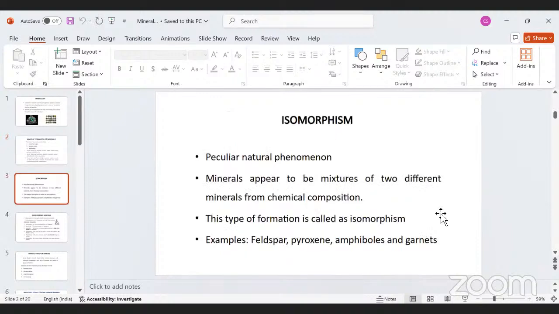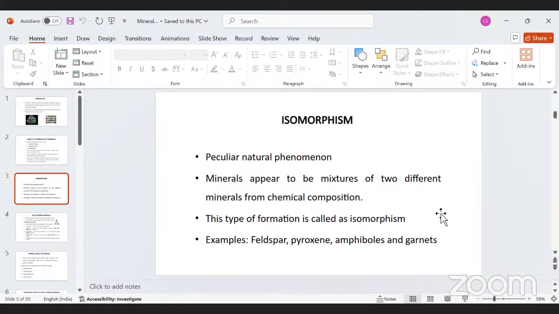There are some words to know about minerals. In particular minerals, these words we will call isomorphism and pseudomorphism. These words we can listen.